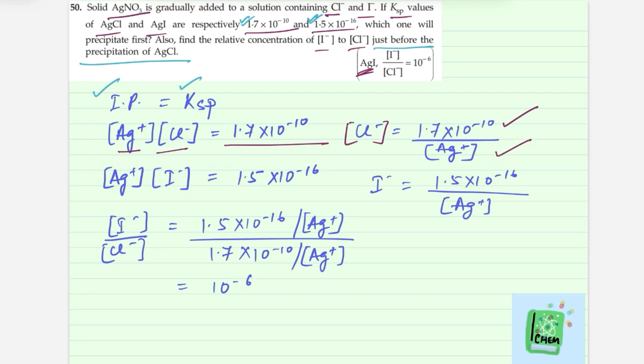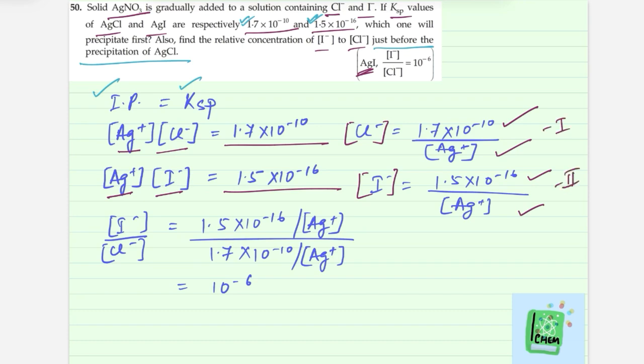Then concentration of silver ions multiplied by concentration of iodide ions will be equal to solubility product of silver iodide. From this, concentration of iodide ions will be equal to solubility product of silver iodide divided by concentration of silver ions. Let this be equation 1 and this equation 2.